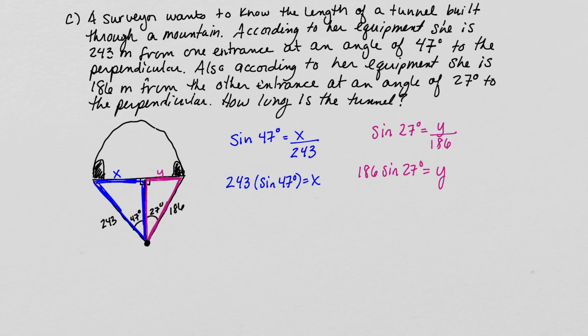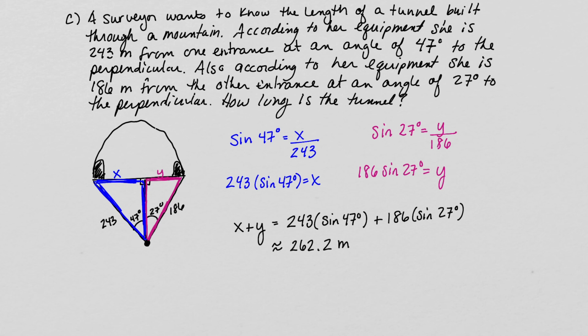And then I need to add those two together. So X plus Y is going to be 243 times the sine of 47 degrees plus 186 times the sine of 27 degrees. And if you do that, you should get approximately 262.2 meters.